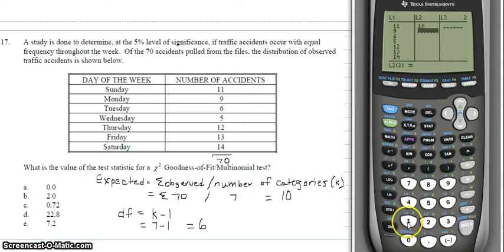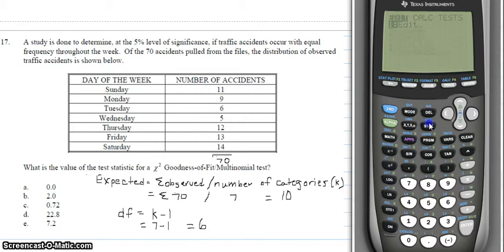We need to enter that for each observed value, so we will enter 10 7 times. Okay, now we have our information in there, so we're going to go to second and quit.